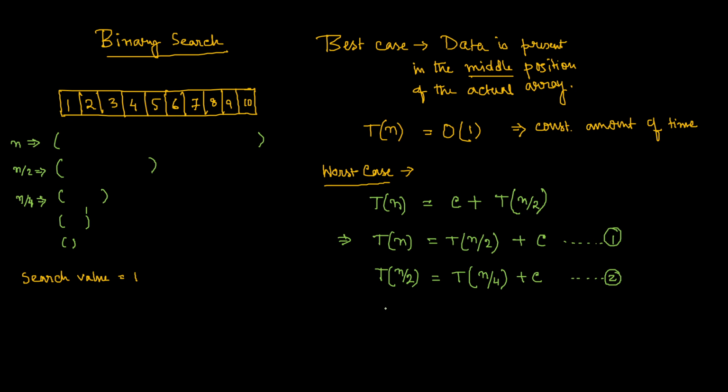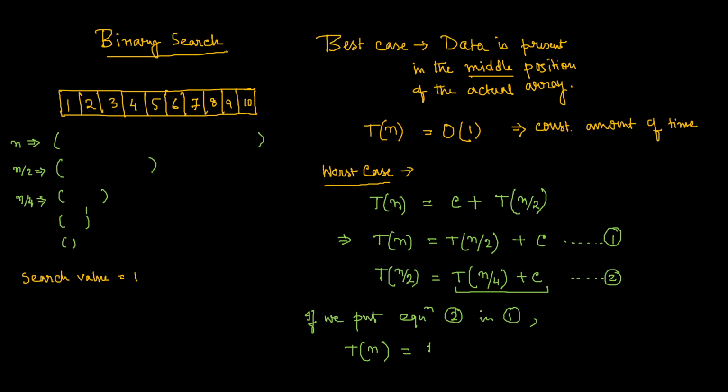Now if we put equation 2 in equation 1, we will get T of n equal to, instead of T of n by 2, I will write this entire thing.